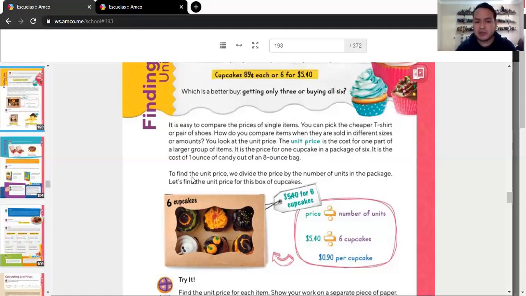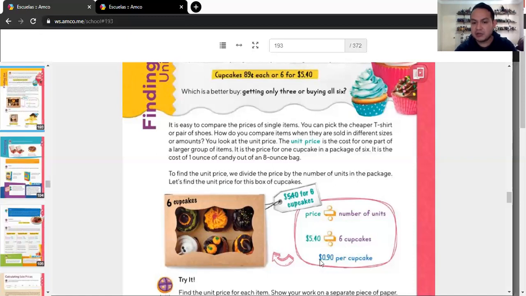For example, in here, to find the unit price, we divide the price by the number of units in the package. Let's find out the unit price for this box of cupcakes. So you have, like they were saying up here, 6 cupcakes for $5.40. How do you do it? The price divided by the number of units. 540 divided by the number of things that are in the package, 6.